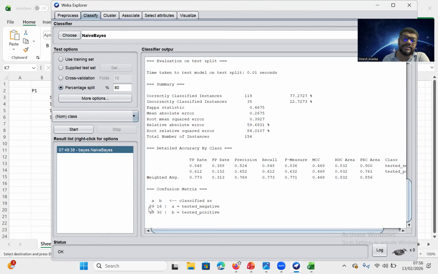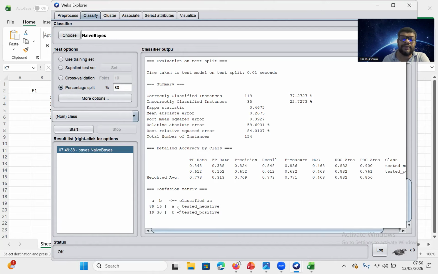Right. So you can see this 89. Here, classified as means predicted, and this is the actual. So this 89 means there are 89 actually negative cases, and you have predicted them as negative as well.